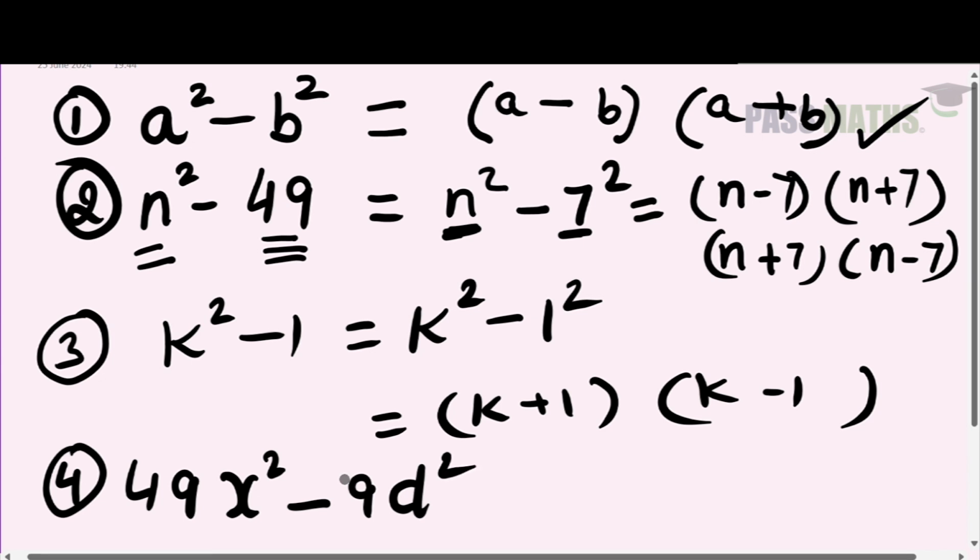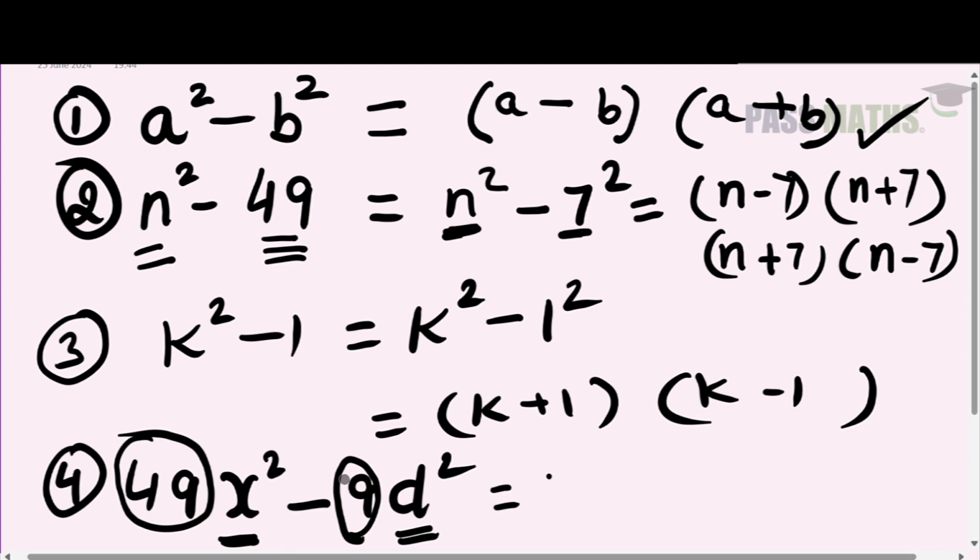Now we have to work harder here. x squared is a square term. x squared is x times x. d squared is also a square term. So we need this one to be square as well, and this 49 to be square as well. So what we do, 49, we can write as 7 squared, remember? And then we can write x as x squared. Similarly, 9 we can write as 3 squared and d squared.